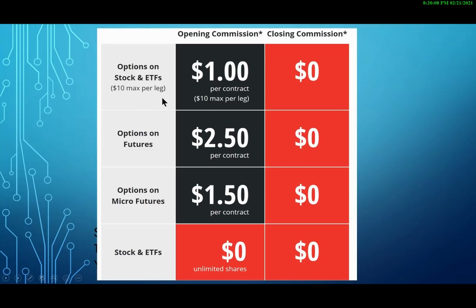Okay, so that's nice. Their closing commissions are always 0. So that's always nice as well. But this is the big thing for us right here. Stocks. Our stock trades, 0 commissions. 0 commissions to get in, 0 commissions to get out. There are some exchange fees that get tacked onto these, but 0 commissions, guys.